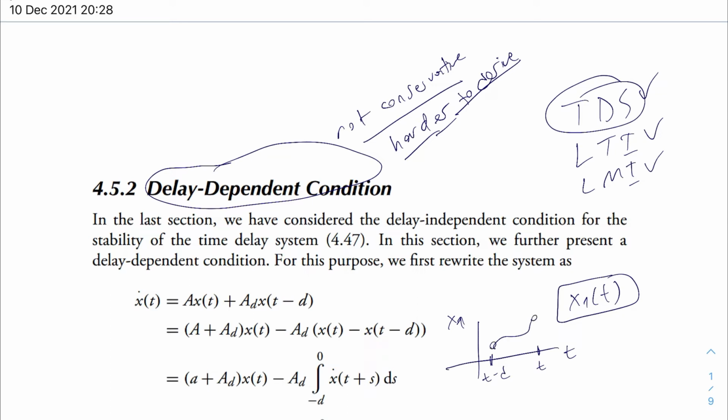So you can consider all of the points, which is like infinite, right, as the state.